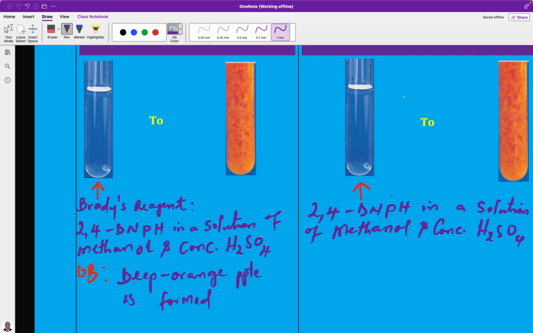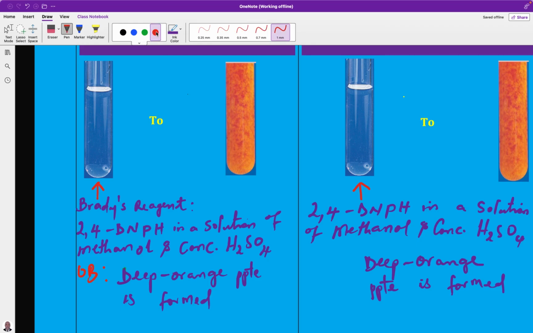The same thing here, a deep orange precipitate that is formed.